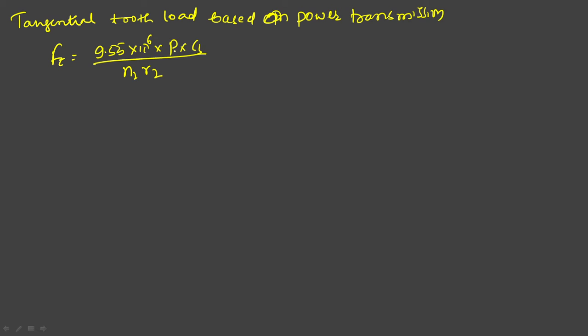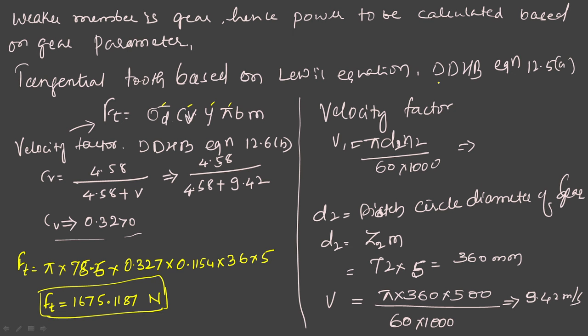N2 is the speed of gear, R2 is the pitch circle radius of the gear. Now assuming service factor Cs equal to 1.25.